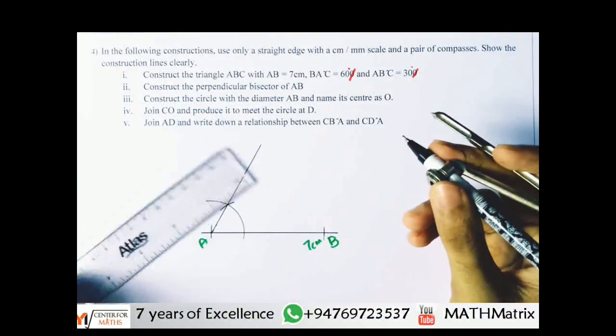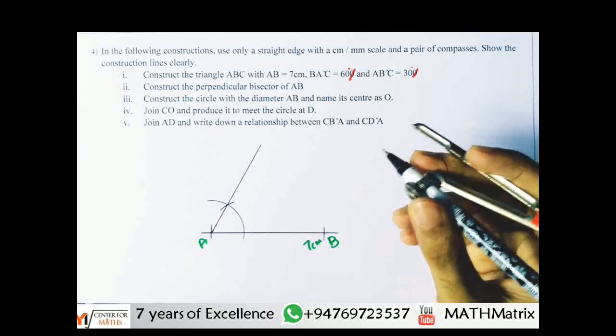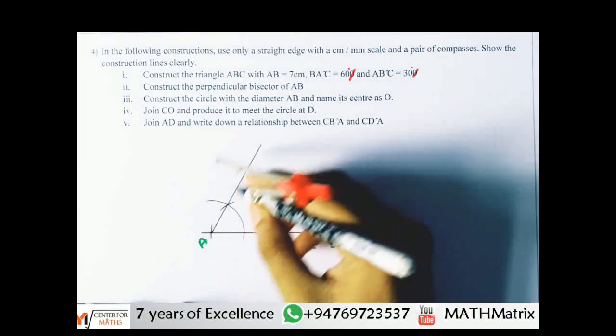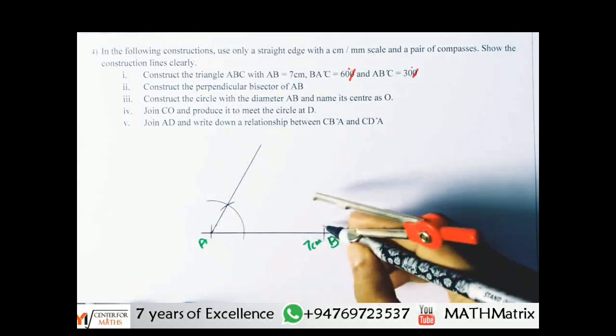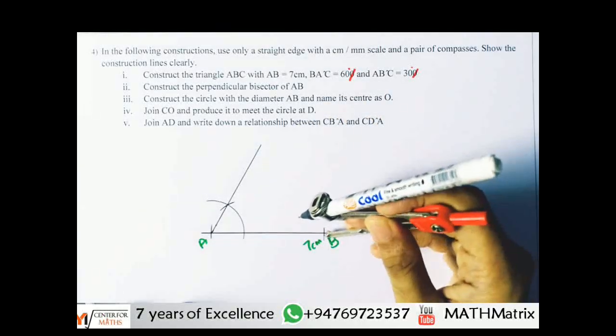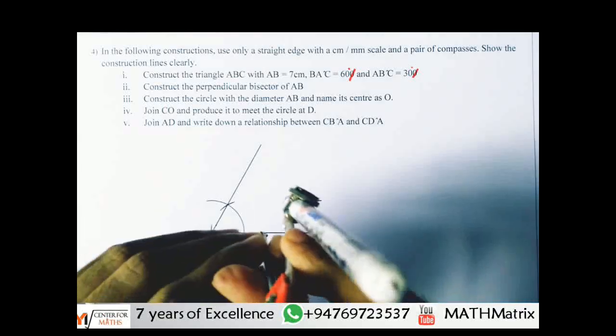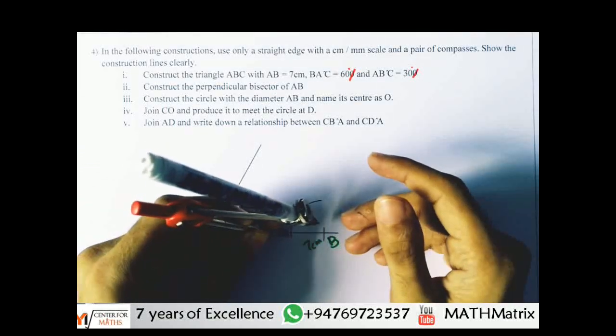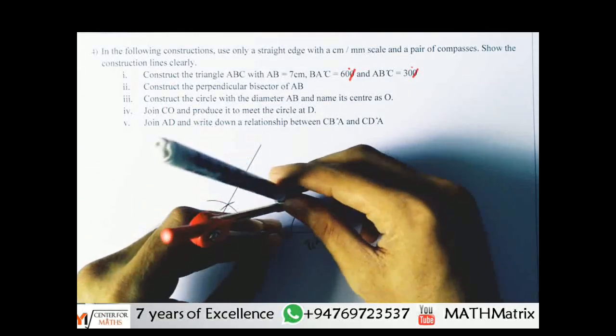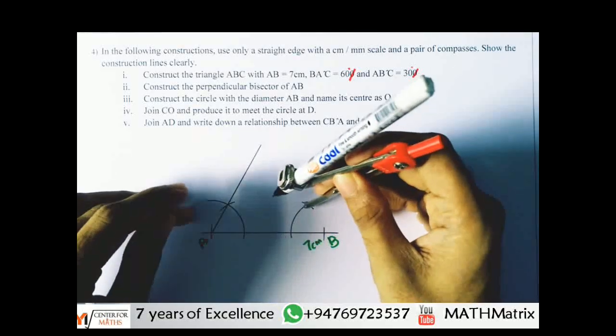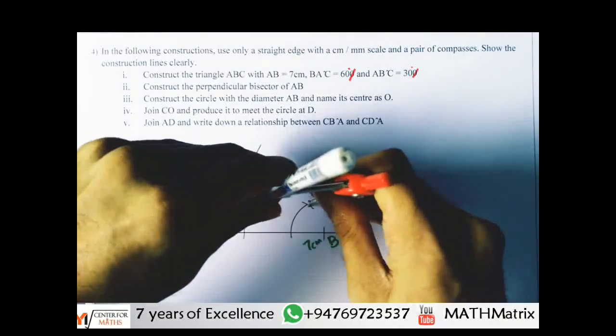Okay, so now we'll move to the next one. ABC is 30. So here BAC is 60 and ABC is 30. So how to construct 30 now? Again, first of all, we have to construct this 60. And now it's 60. And now we have to construct the bisector of this angle.